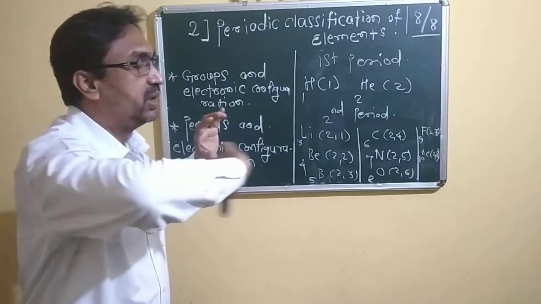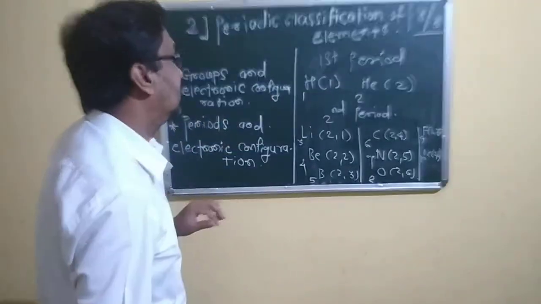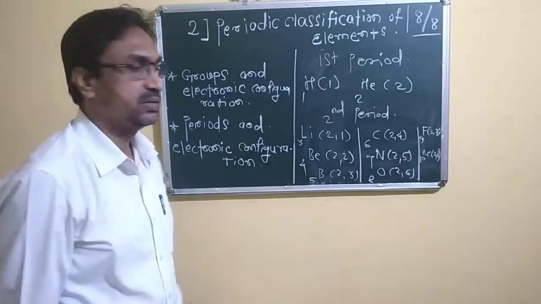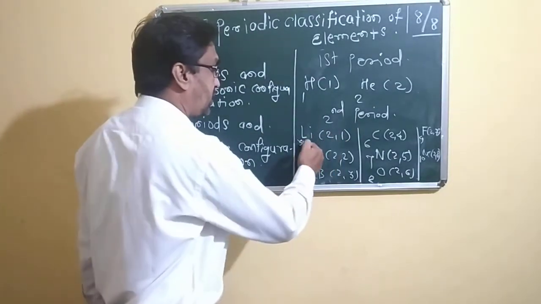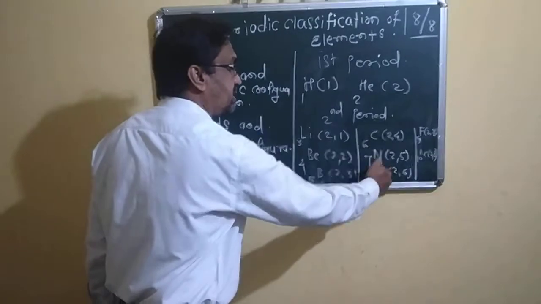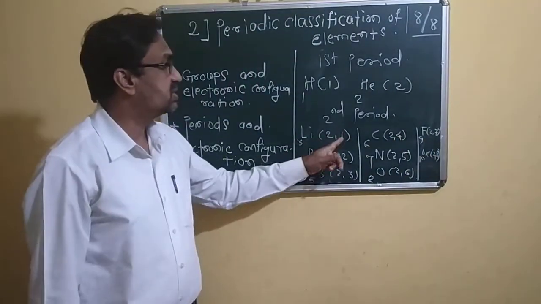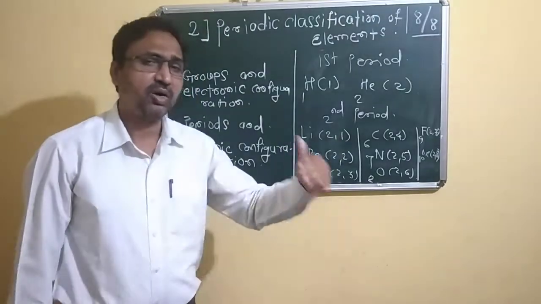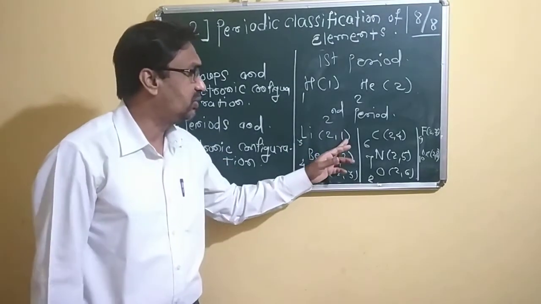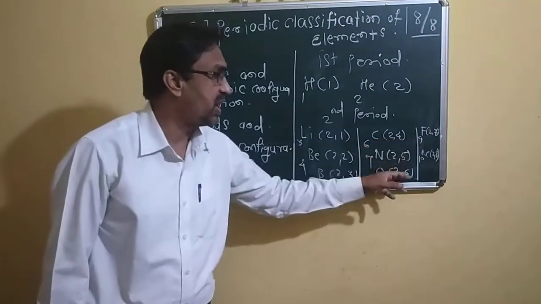Horizontally in a period, we can see that its atomic number increases by 1. That is, the number of electrons in its outermost shell increases by 1.